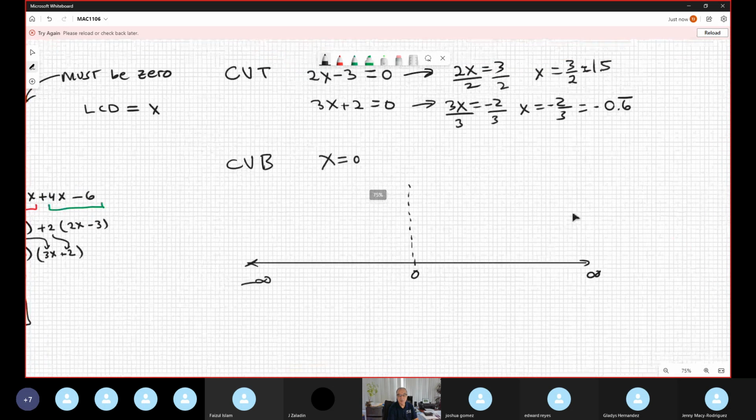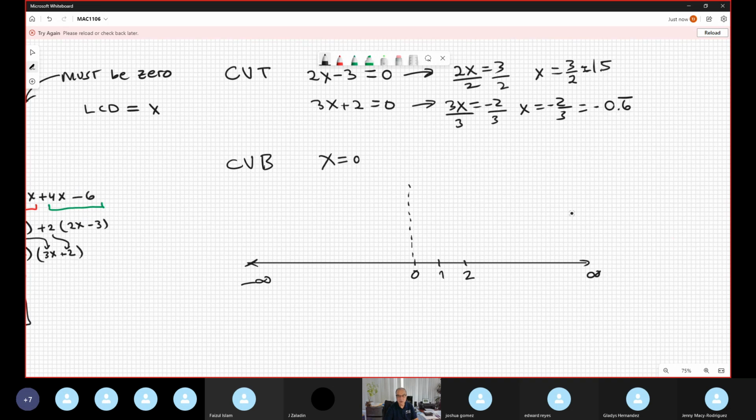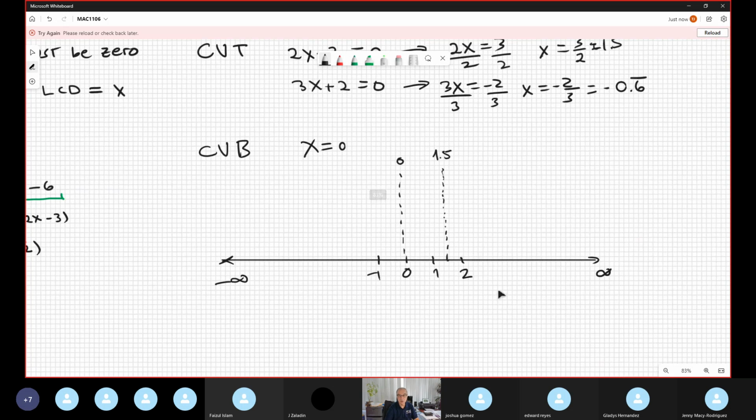Now, in the positive part, we have 1.5. 1.5 is located here, between 1 and 2, in the middle. 1.5 is a critical value, 0 is another critical value, and negative 1 is here. Between 0 and -1, a little bit close, in the middle, 0.5, here is negative 2/3, or negative 0.6 repeating.